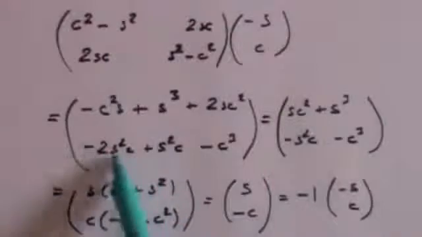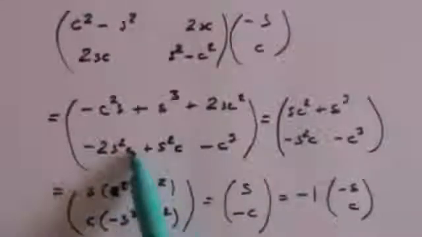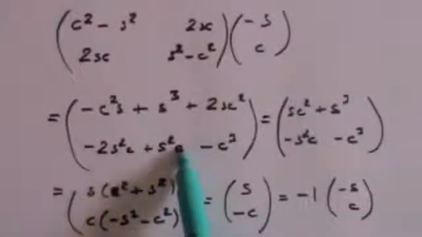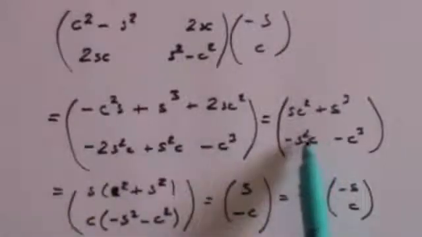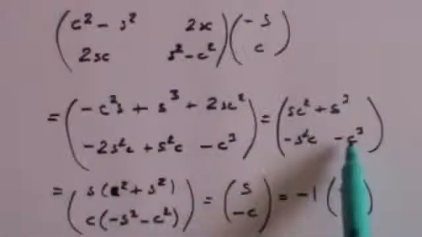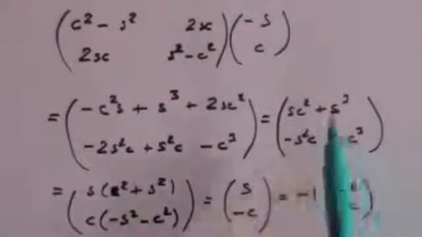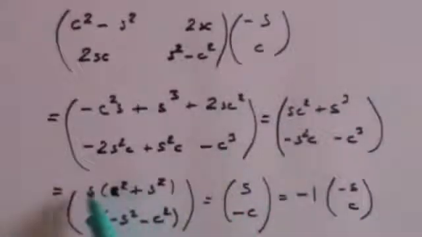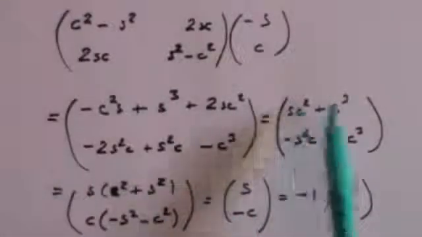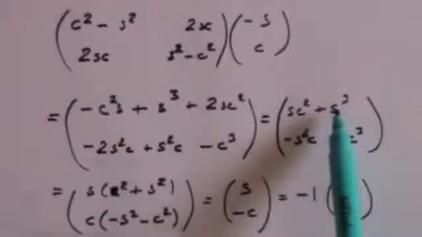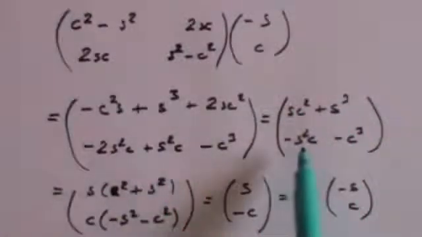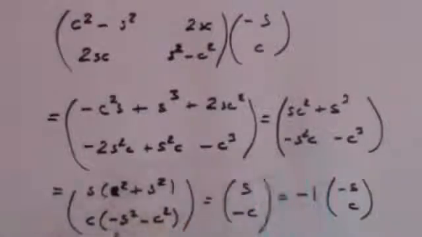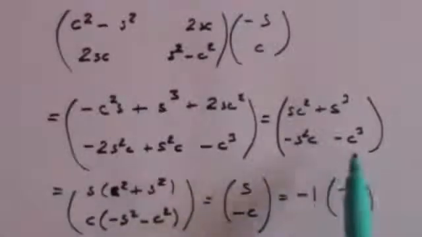And here you've got a minus 2 sine squared cosine plus sine squared cosine, which just gives you a minus sine squared cosine minus the cosine cubed. And if you take sine out at the top, you've got sine into cosine squared plus sine squared. And in the bottom, if you take the cosine out, you get cosine into minus sine squared minus cosine squared.